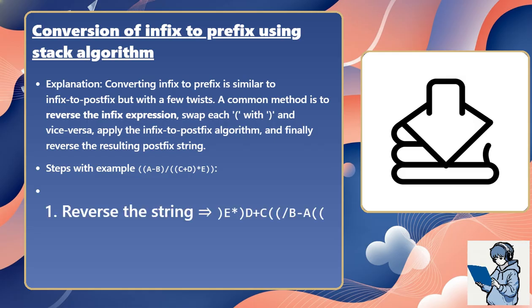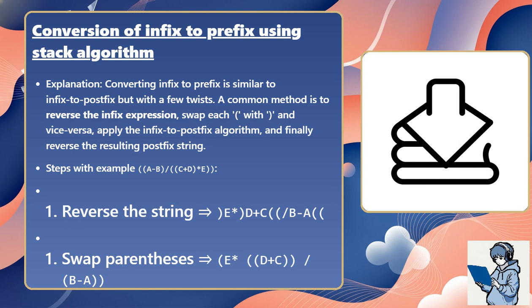Step 1. Reverse the string; it becomes right parenthesis, e star right parenthesis d plus c left parenthesis slash, b minus a left parenthesis. Step 2. Swap parentheses; it becomes left parenthesis e star left parenthesis d plus c right parenthesis slash left parenthesis, b minus a right parenthesis.